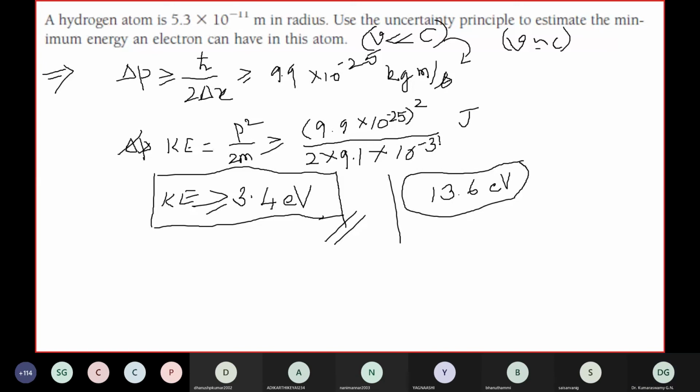One joule is equal to how much? Wherever you have joules, divide by 1.60 into 10 to the power of minus 19, and you get it in electron volts. Thank you, sir.